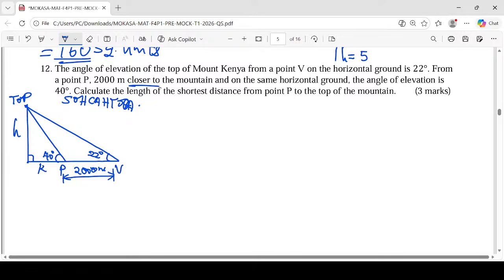Let me start by getting the tangent of 22. When I talk about tan 22, tan is opposite over adjacent. The opposite part of it is H over the adjacent, the total base will be K plus 2,000.